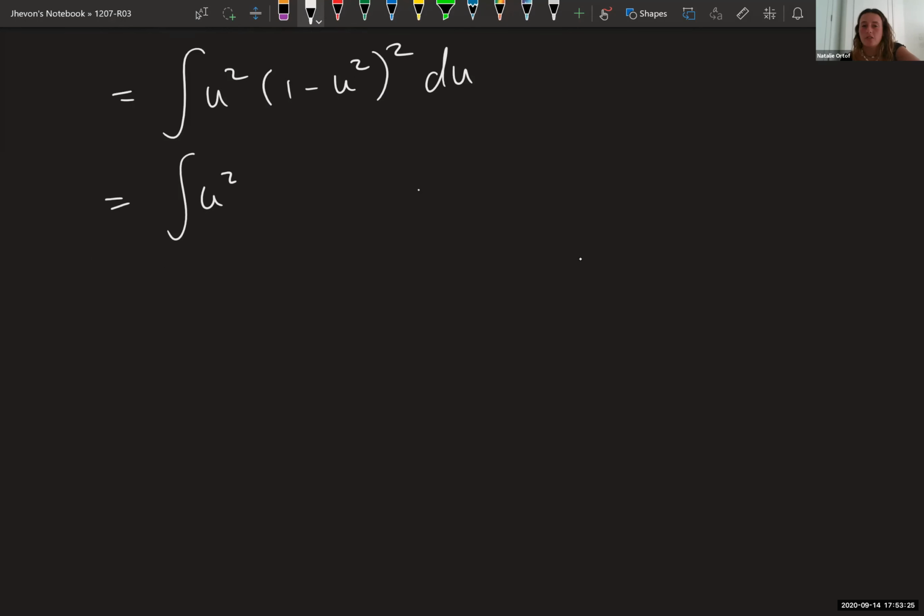Could you also do integration by parts? I feel like that would be overkill. I don't know. It's not something that would have occurred to me. I don't know if you actually tried integration by parts on this, if you could get it to work. Maybe, but it wouldn't be something that would occur to me at this point.